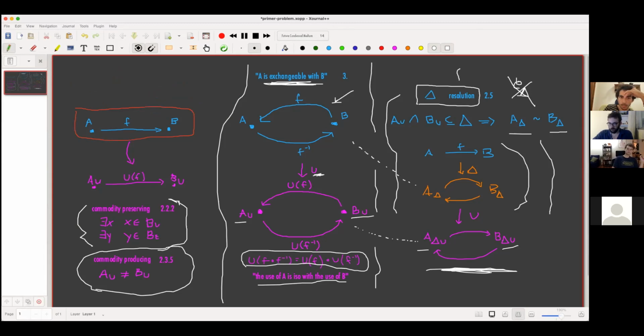We don't know much about them yet, and then derive under which conditions we can say that some X that belongs to A is said to be part of the use set of A. So to approach the set definition of use from the definition of parts entangled in some use of the commodity, and then say the set of all commodity-preserving uses is what we call the use set.